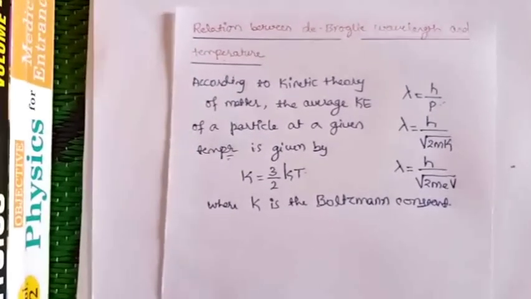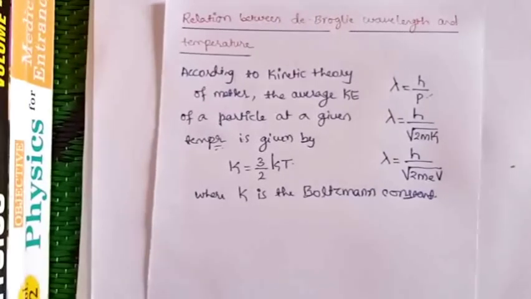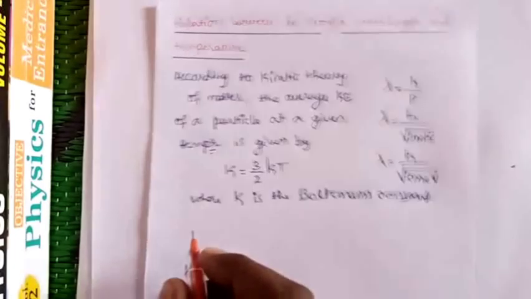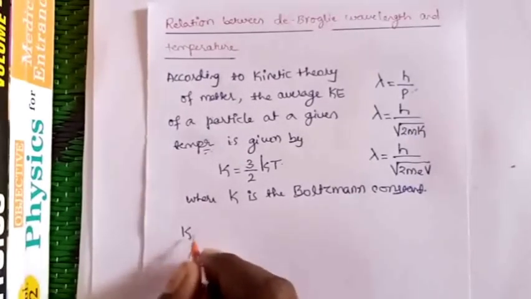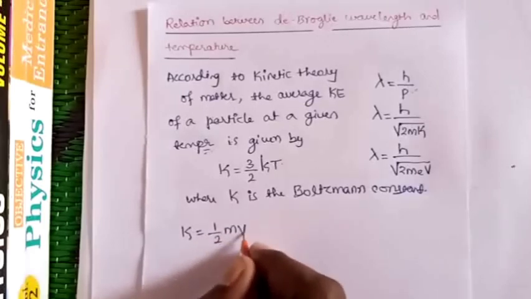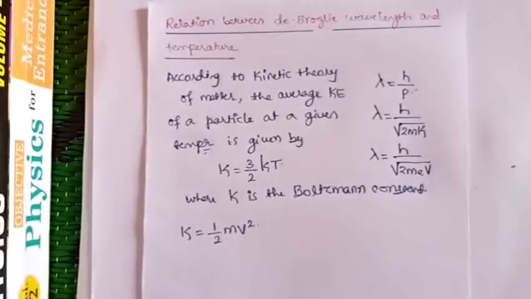And already we know the expression for the kinetic energy of the moving particle, that is K is equal to 1 by 2 m into v square.